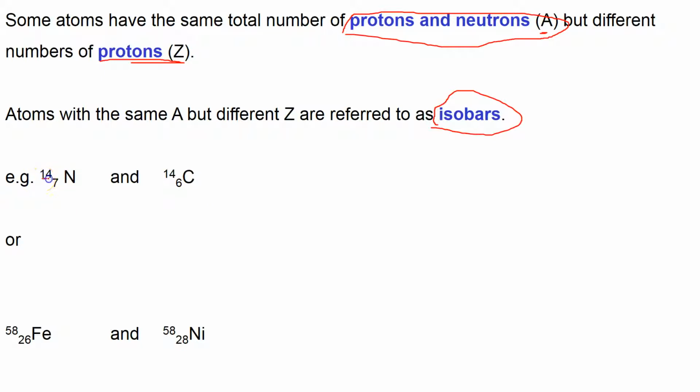They both have a total of 14 particles in their nucleus, but this one is a nitrogen atom with 7 protons, and this one over here is a carbon atom with 6 protons. Here are two more isobars. They both have 58 particles in their nucleus, but this one is an iron atom with atomic number 26, and this one is a nickel atom with atomic number 28.